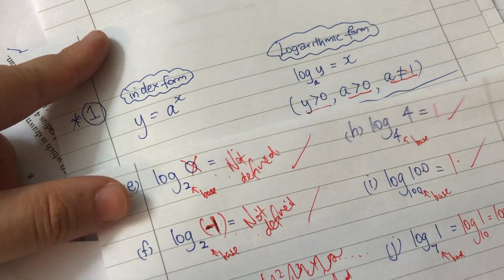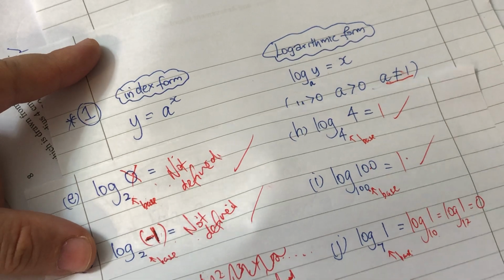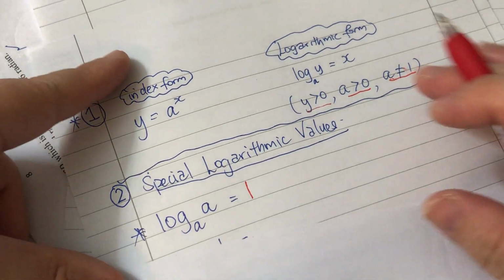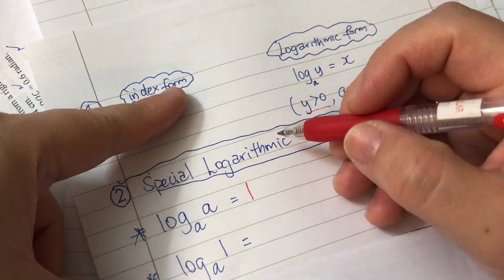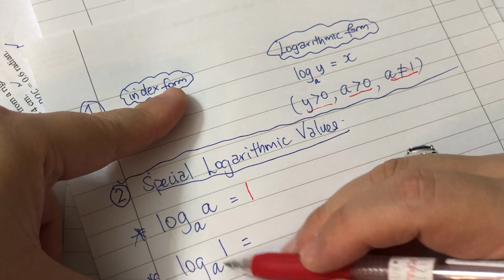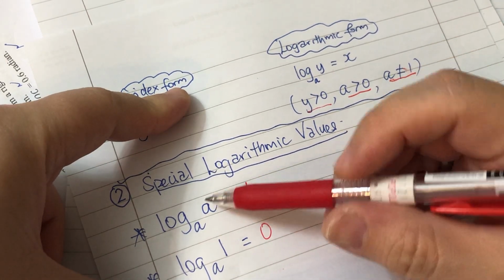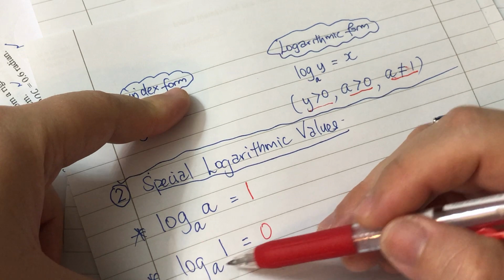I hope you are clear on that. So another special logarithmic value that you must know is log of 1 to any base is 0.